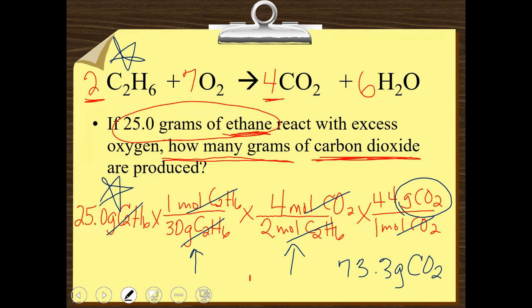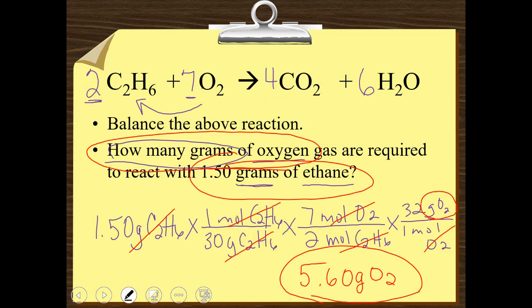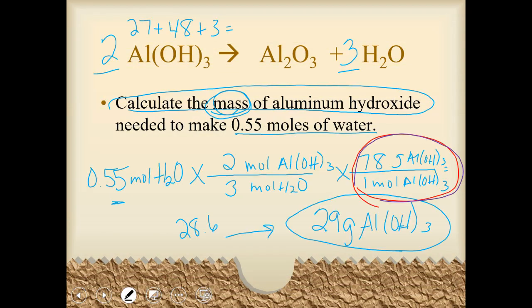If you look back, this step right here, the mole to mole ratio, was in every problem that we did yesterday in the first part of stoichiometry. And it's been in every single problem that we did today. Look, mole to mole ratio.